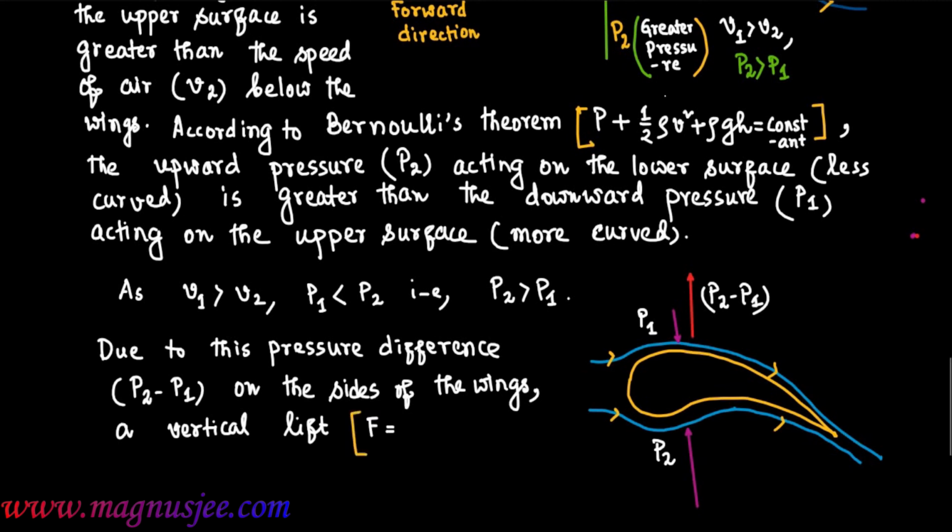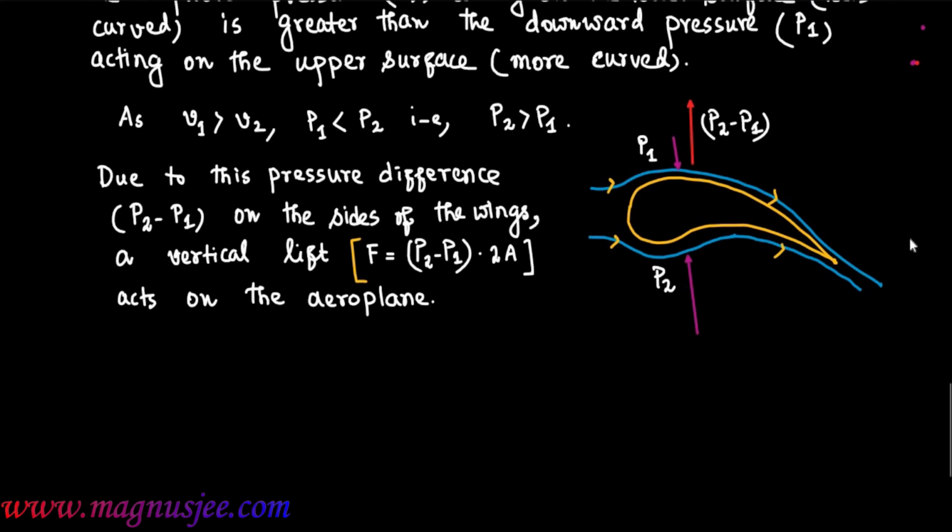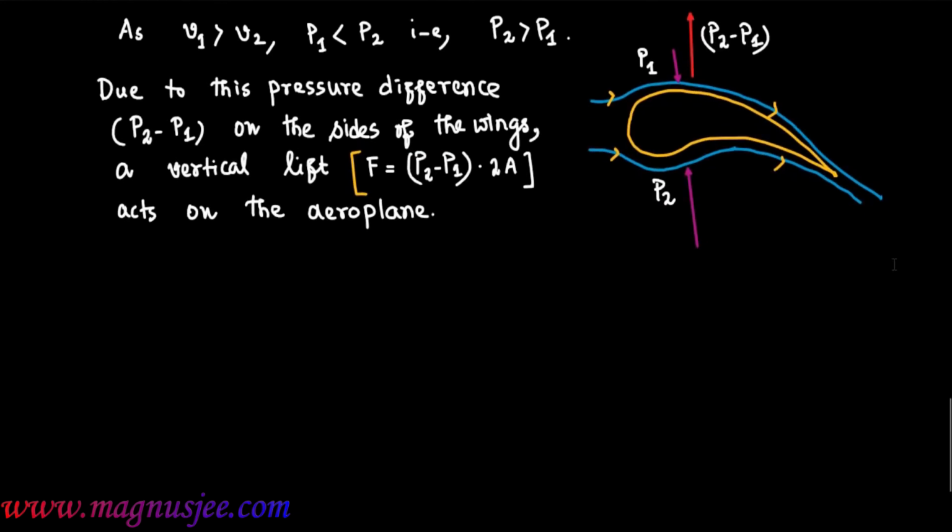F is the force of lift, F equals P2 minus P1, the pressure difference, into 2A, where A is the area of cross section of each wing and 2A is the total area of the two wings.